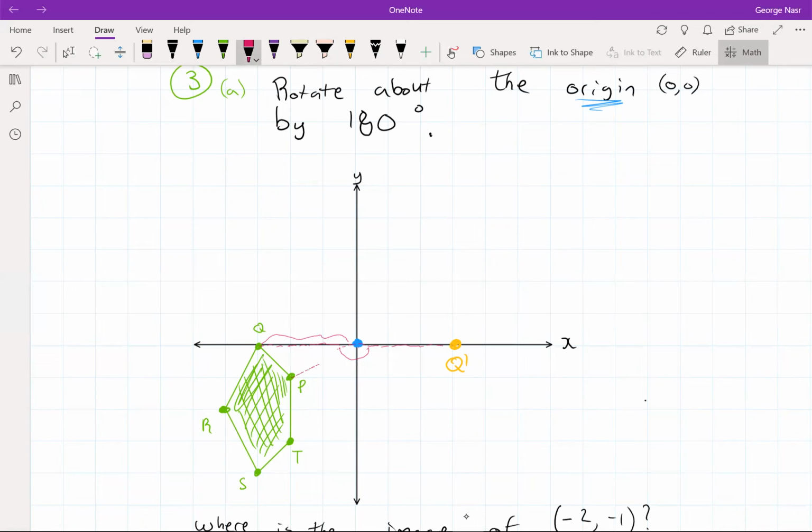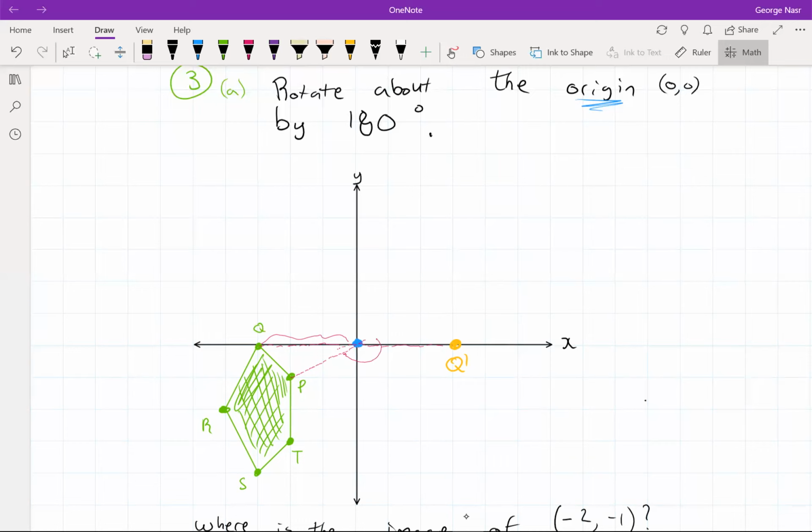So P, I'll get rid of the extra stuff. There is the line from P to the center of rotation. And now I need to have a 180-degree rotation about this point. So I've got to go around. But the point is I've got to make it 180 degrees, which remember is a straight line.